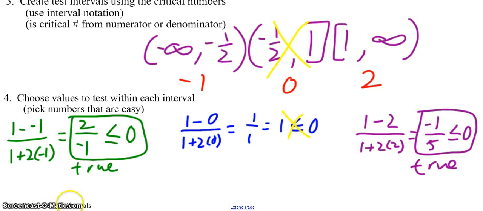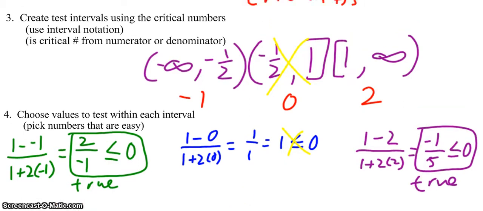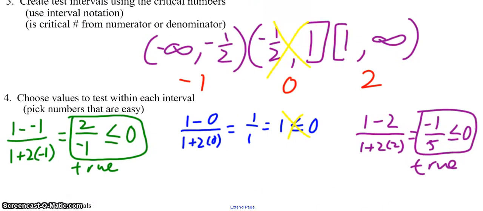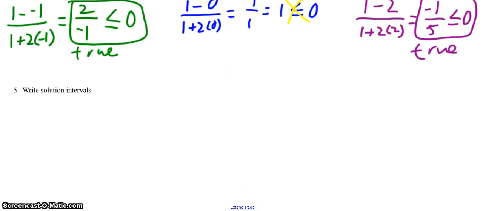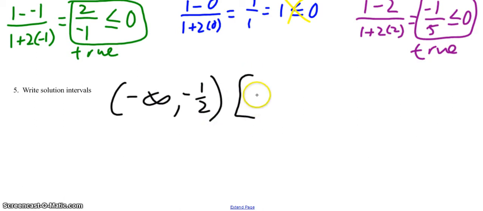Okay, and then our last step, write the solution intervals. This one we did not ask to graph, but we could graph it as well. So our solution intervals, negative infinity to negative 1/2, and then 1 to infinity.